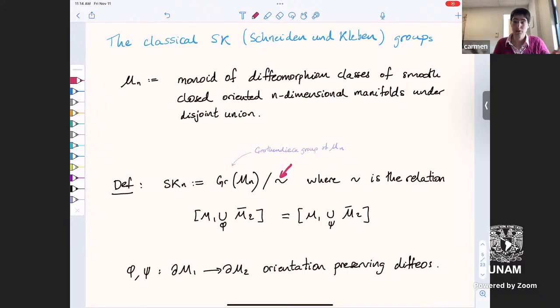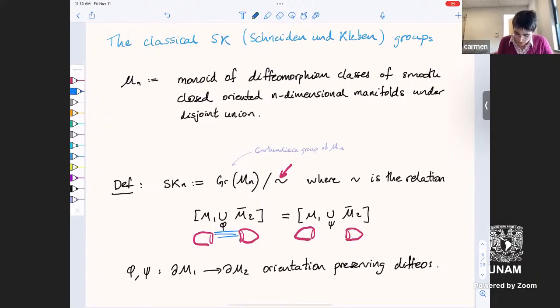You're taking all your manifolds and quotienting by the relation we just established in the previous slide, which is that you have one piece and another piece, and those 2 pieces are going to be identical on the other side. But then you can choose however you want to glue. You can glue via phi, or you could glue via something else. Those 2 things are going to be put in the same class in this group.